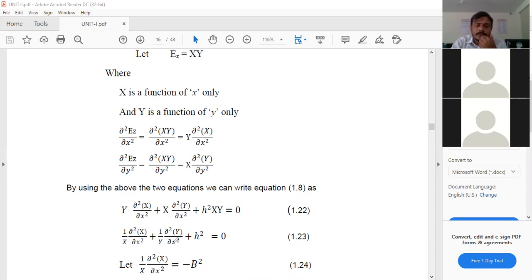Right? Now let us take 1 by X, ∂²X/∂x² is equal to minus b².